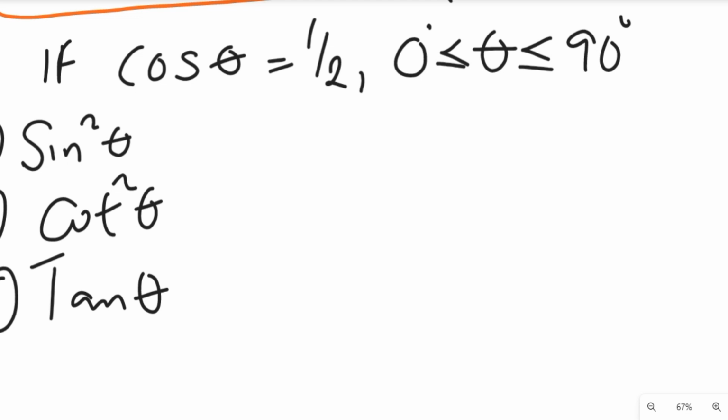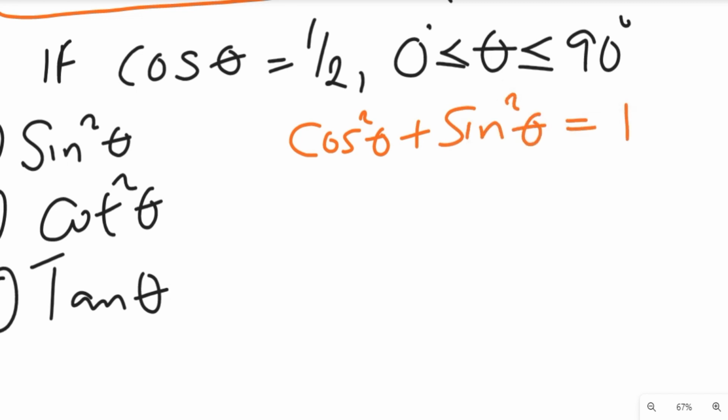Remember the question, we are asked to find sine square theta, cot square theta and tan theta. The first one we're going to find is the value of sine square theta. Now recall that formula, that trig ratio we derived, that cos square theta plus sine square theta is equal to 1.